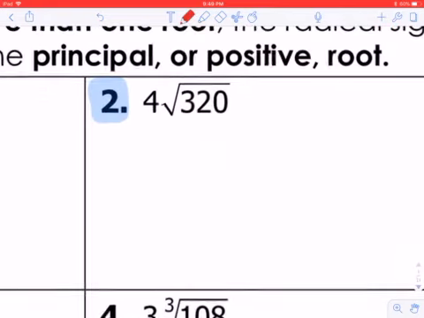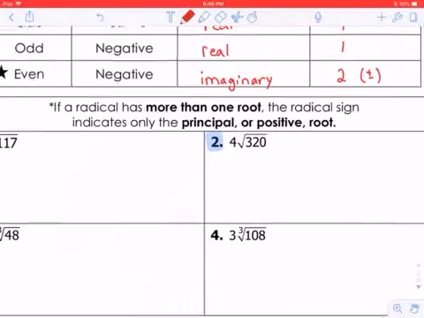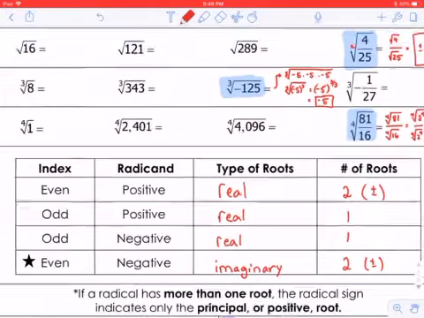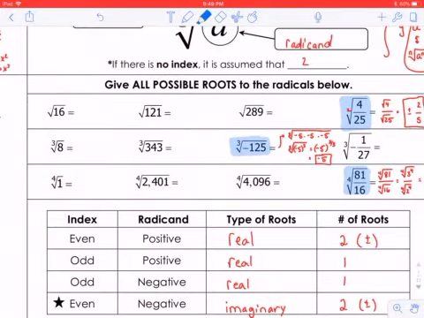Then if it's a positive radical given to you as a positive, your answer is going to be positive. However, if I say find all possible roots, that's when you use your plus or minus. So if I just say simplify, I'm not being specific, then you're going to assume that I want the positive one, unless I say specifically I want all the answers.